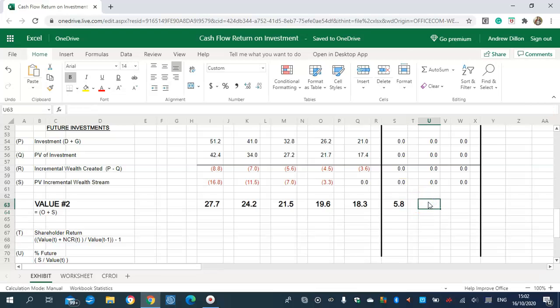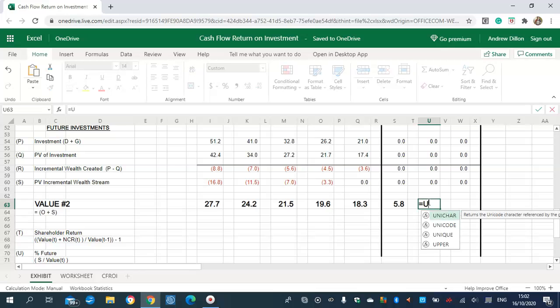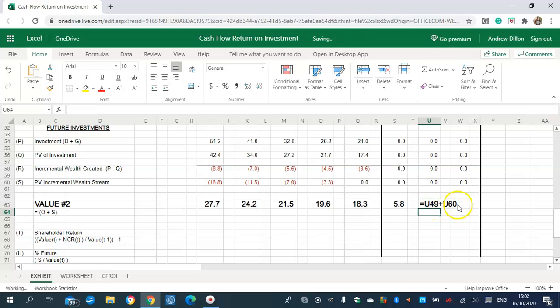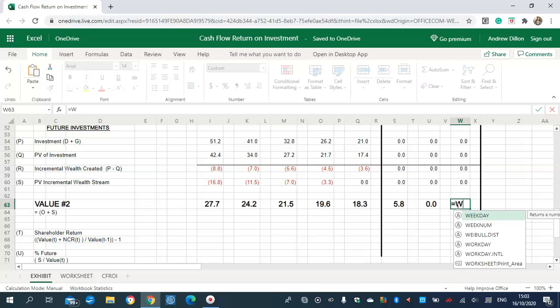Then it goes to U49 plus U60. Then it's 0, 0, so no answers. Okay, then W49, W60.